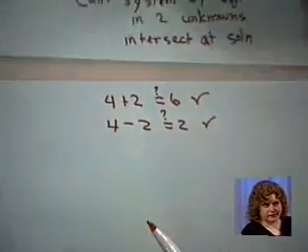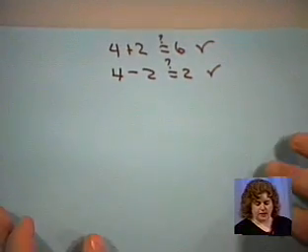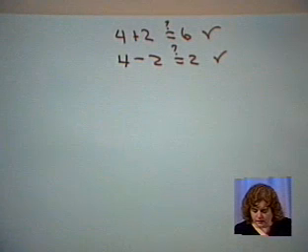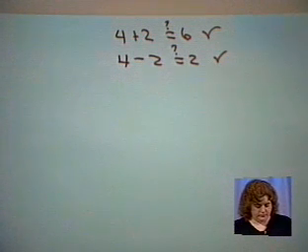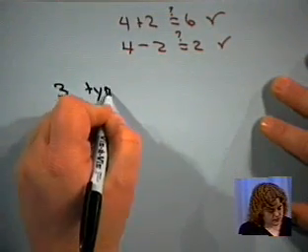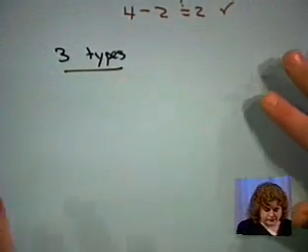That is, incidentally, the graphical solution of a system, the place where they intersect. Now, there are only 3 possibilities when you're working with systems of linear equations. There are 3 ways it can happen, and only 3.